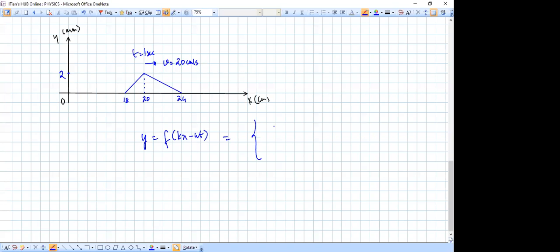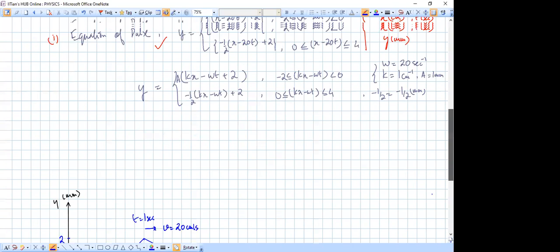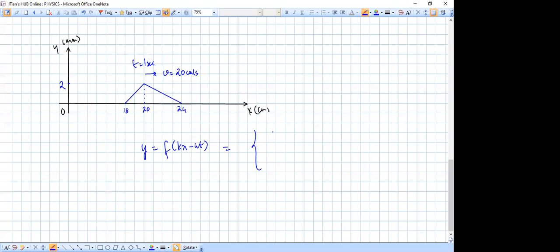In this particular case, it was kx minus omega t plus 2, when kx minus omega t is between minus 2 and 0, and it is minus half of kx minus omega t plus 2 when kx minus omega t is between 0 and 4.